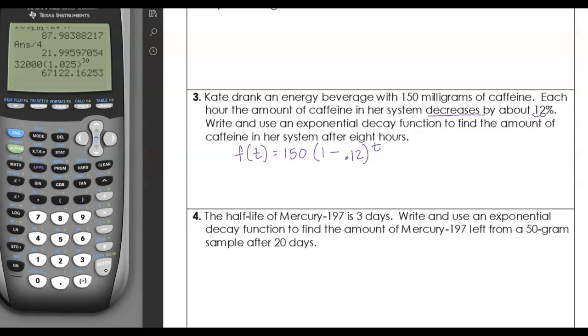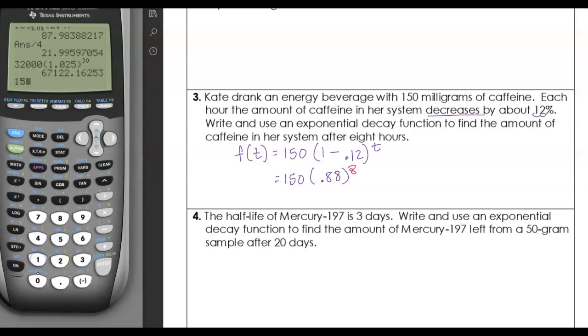So now I'm trying to figure out how much of this caffeine is in her system after 8 hours. So just like I did in number 1, I'm going to take that 8 hours and substitute it in for t. Instead of writing t, now this is 0.88, 1 minus 0.12 is 0.88, and instead of writing t, I'm going to write 8.